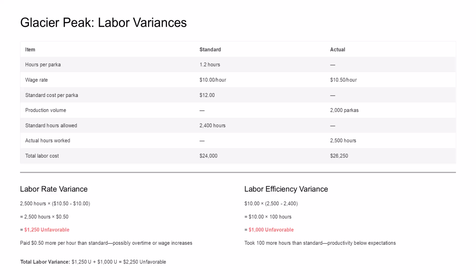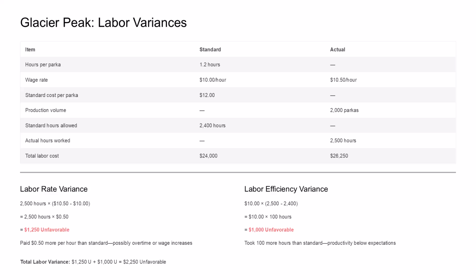Here's the actual performance. The production team worked 2,500 actual hours at an actual wage rate of $10.50 per hour. Total actual labor cost was $26,250. Let's decompose this. First, the labor rate variance. Actual hours were 2,500. Actual rate was $10.50 per hour.